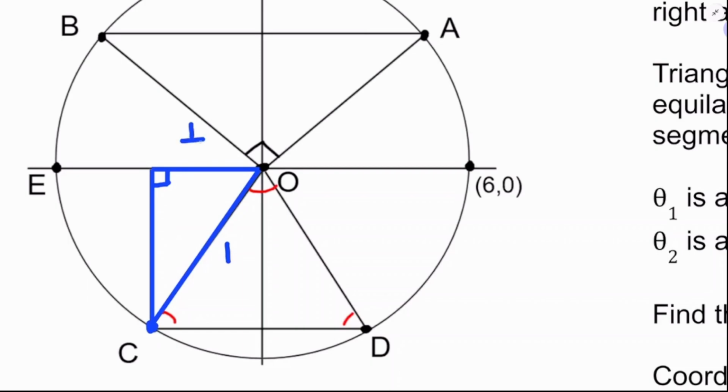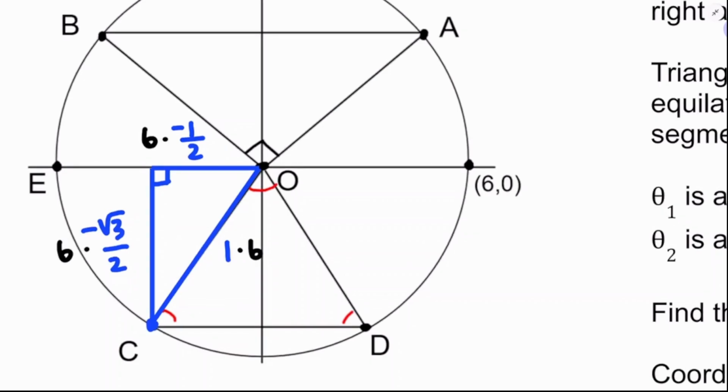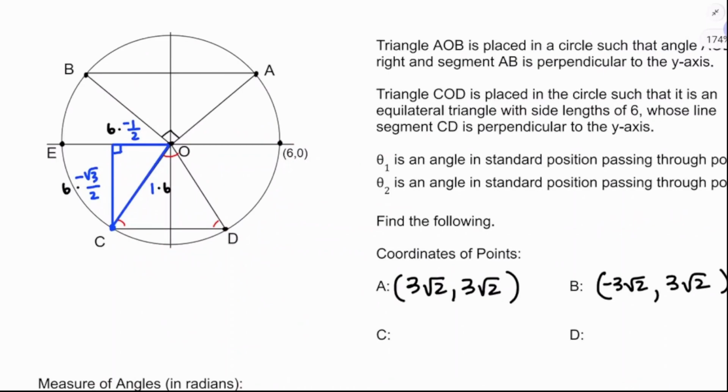The hypotenuse is 1, the short leg is a half, and the long leg is root 3 over 2. Make them negative. Now we're going to multiply everything by 6. And for point C, the x-coordinate would be 6 times negative a half, and the y-coordinate 6 times negative root 3 over 2.